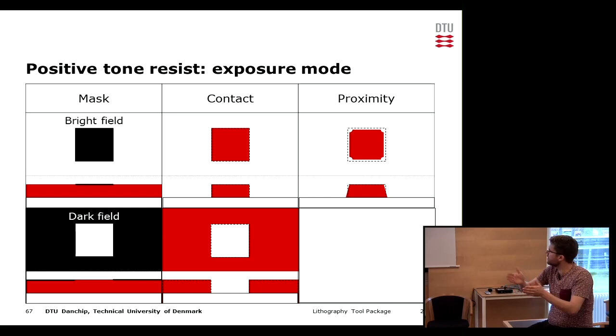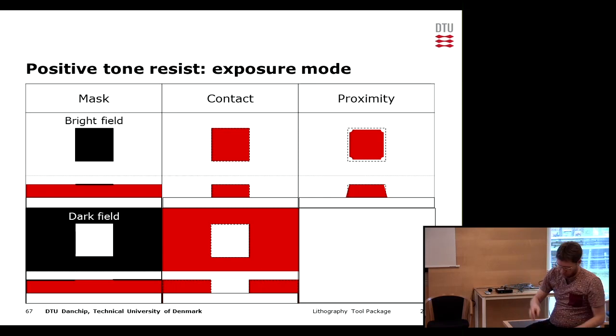So what happens is that we get exposure, well, actually underneath the chrome, you can see here, right? So the square becomes smaller. And you can see that the effect is sort of double in the corner, because you have something diffracting from one side and something diffracting from the other side, and they superimpose in the corner and give you a double effect.